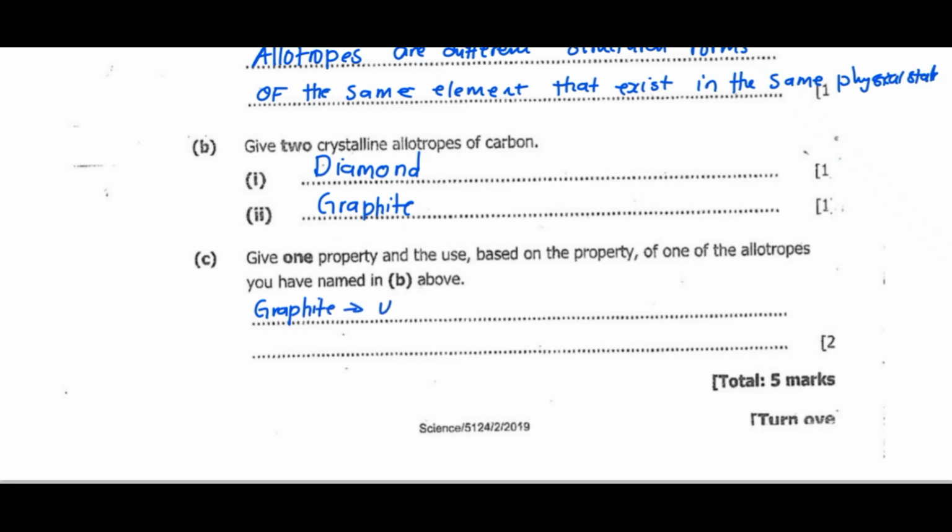So say it is greasy and soft. So because of this, it is used as a lubricant.